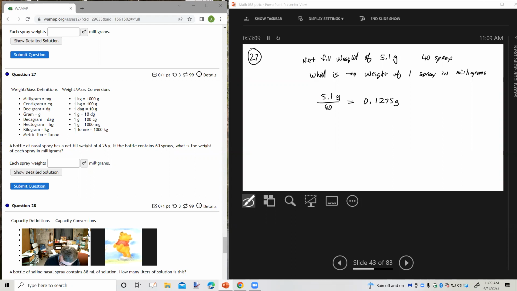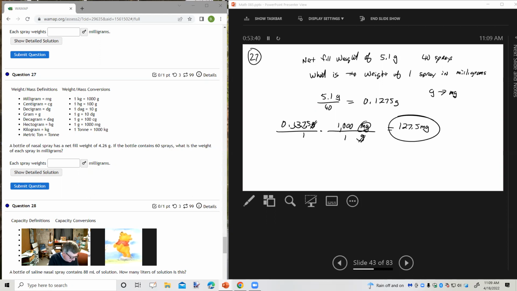Then we convert grams into milligrams, a 1-step process. 1 gram is 1,000 milligrams, so grams go away and we have milligrams. Multiplying by 1,000 moves the decimal point 3 places, so 127.5 milligrams. There you have it.